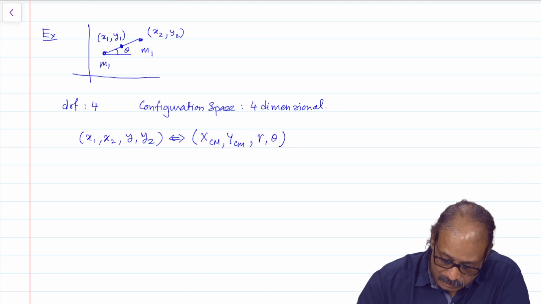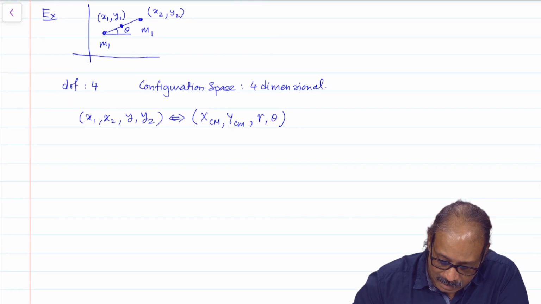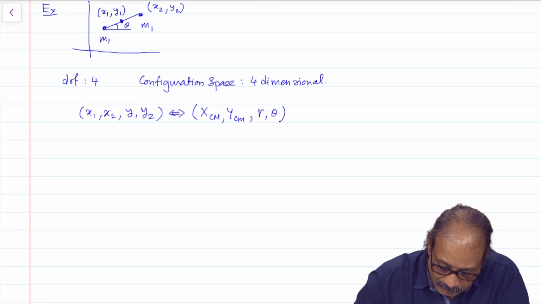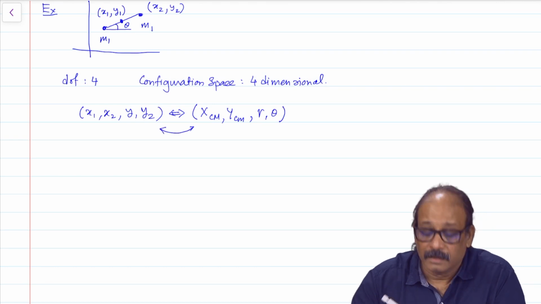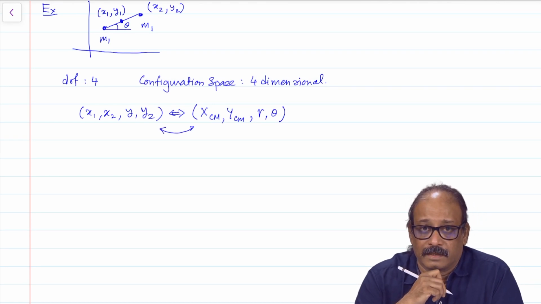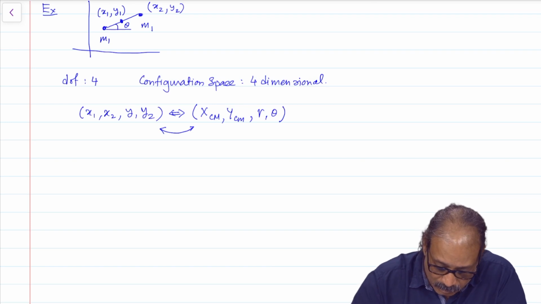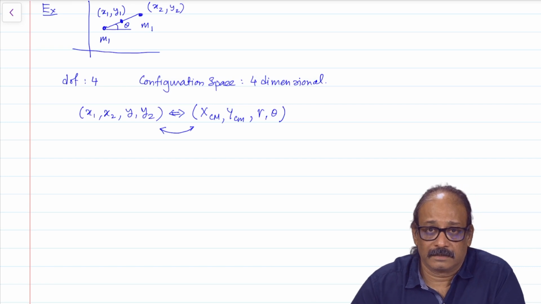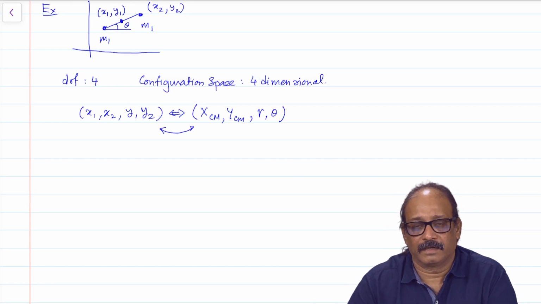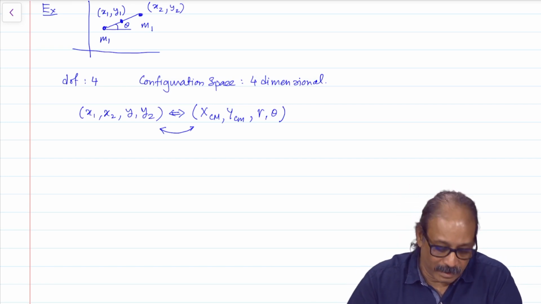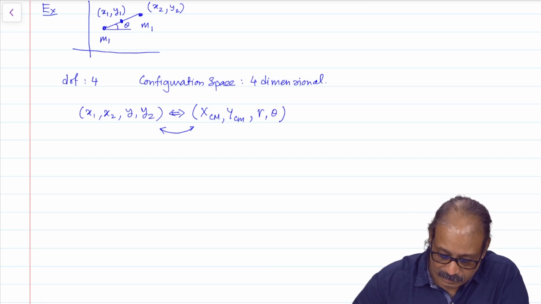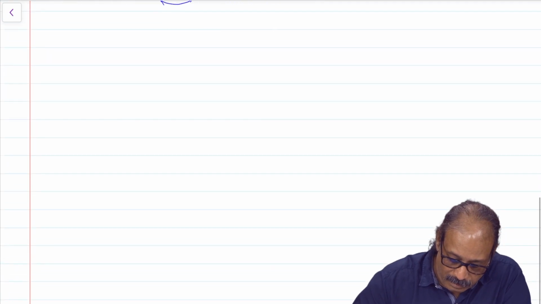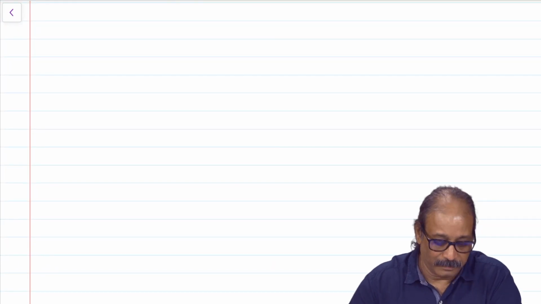So what we actually have here is a coordinate transformation which relates these 2 sets, and this is of course the most common and most popular choice of generalized coordinates for this problem, and it will become very clear why we choose these coordinates. So, let me make this formal.